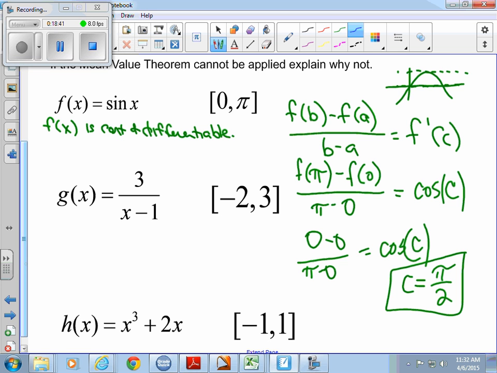Is it continuous? Where is it not continuous? Is that between -2 and 3? So the mean value theorem does not apply. The shorthand for mean value theorem, very similar to the intermediate value theorem, is MVT.